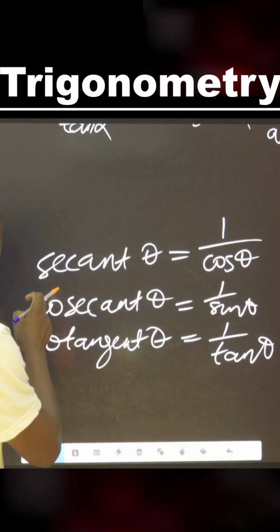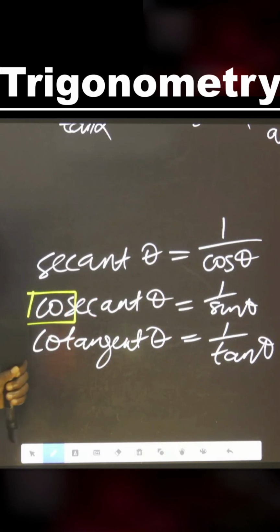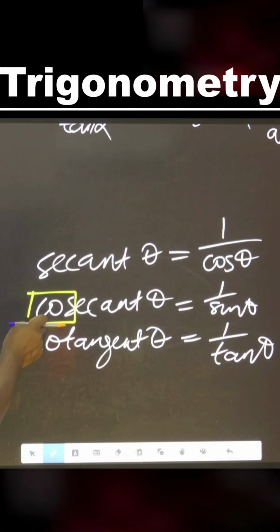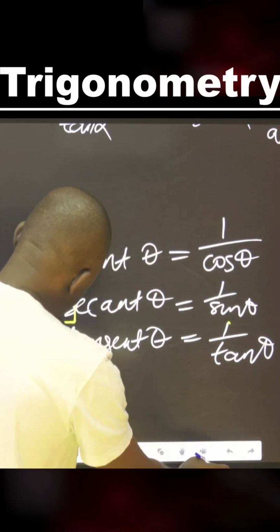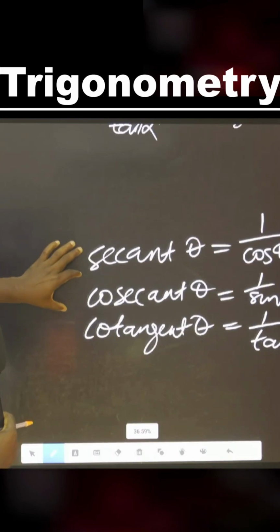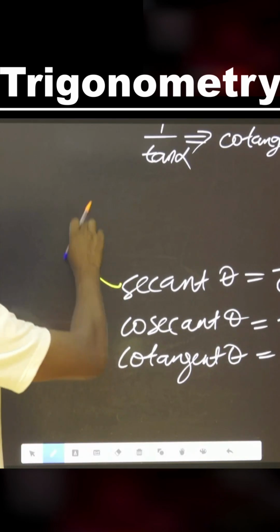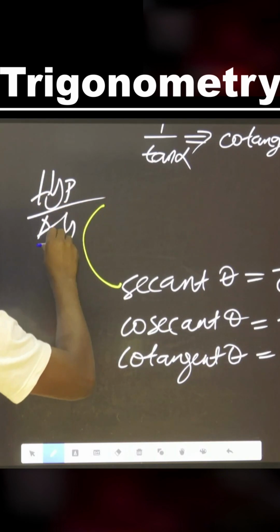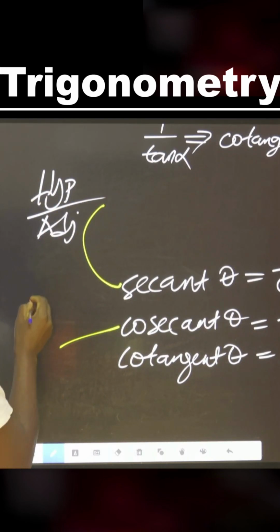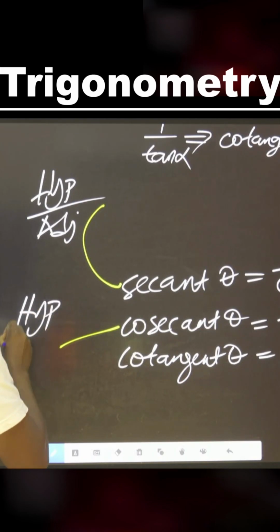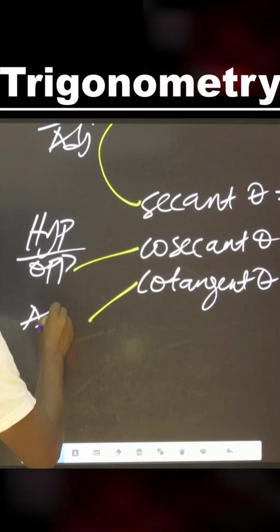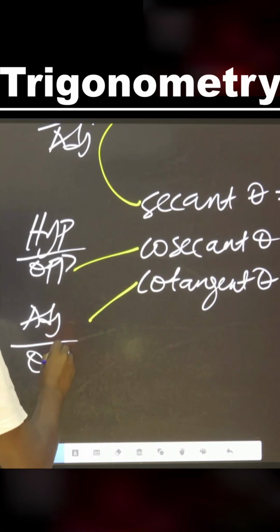Some students will look at this cos and think it should be for cosine. No, it is the opposite. This is for the sine, while this is for the cosine. So you can refer to this as hypotenuse over adjacent, while this is hypotenuse over opposite, and this is adjacent over opposite.